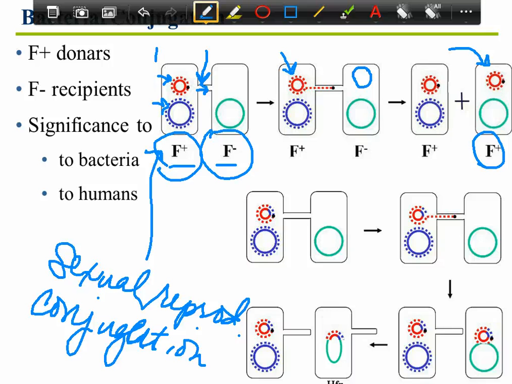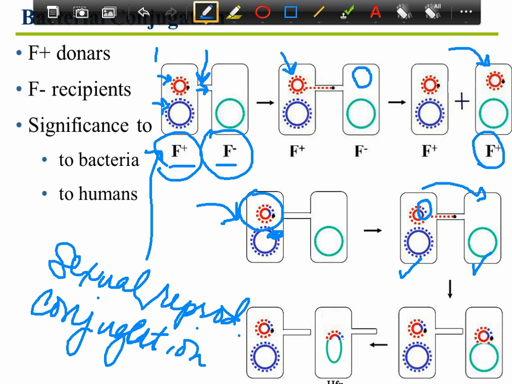You can have, down here in the second scenario, this plasmid has a piece of gene from the host cell chromosome, and when it ends up over here in this recipient cell, there has been a transfer of this gene right here that came from this cell over to that cell.